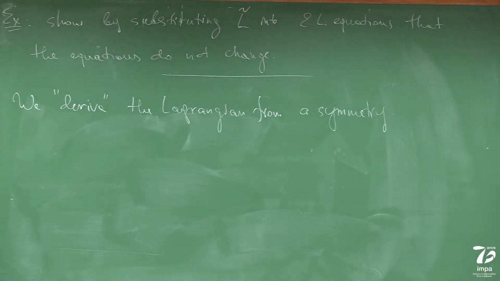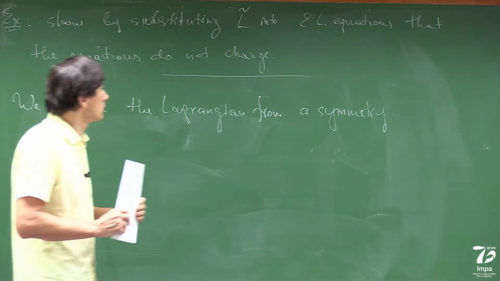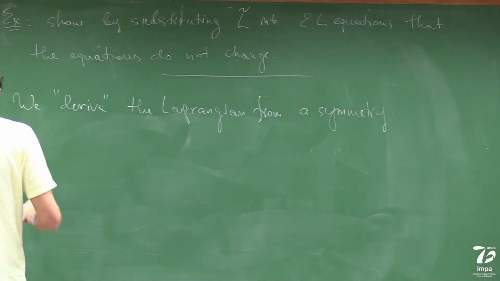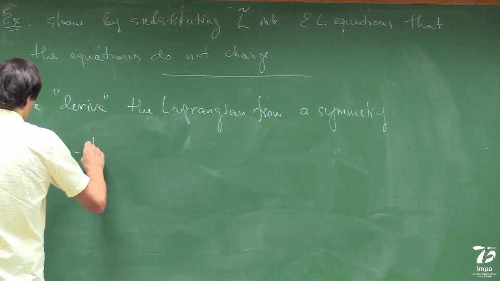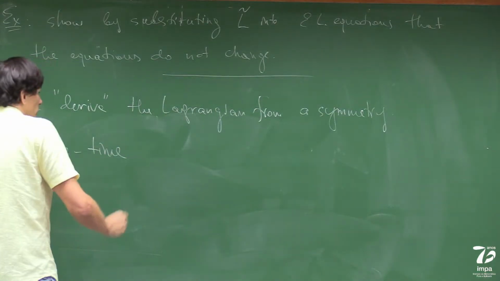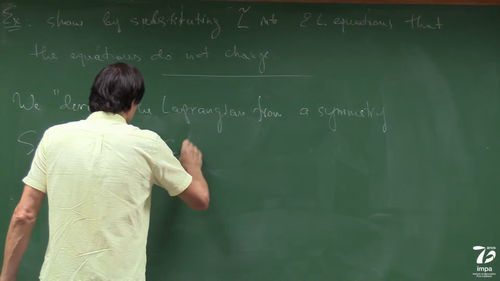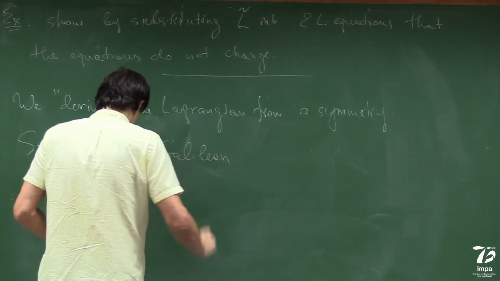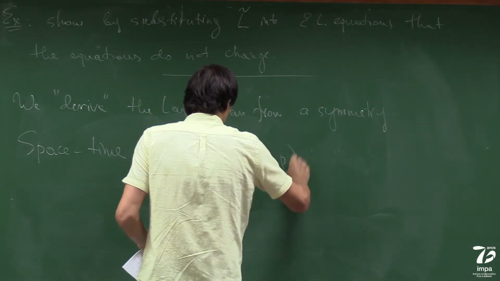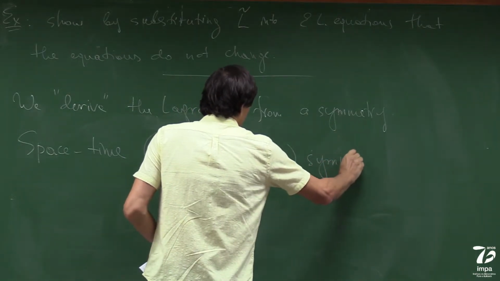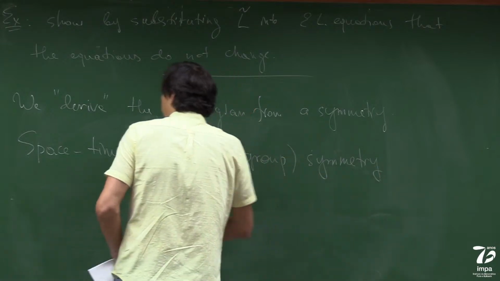So now I will start first with the symmetry which defines classical mechanics. These are the space-time symmetries, which are called the Galilean group symmetry.